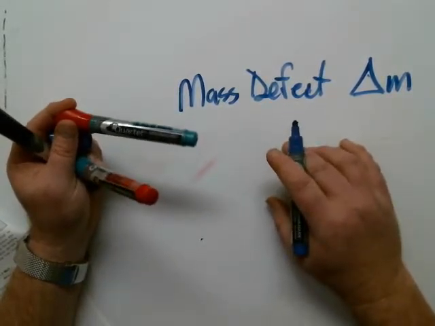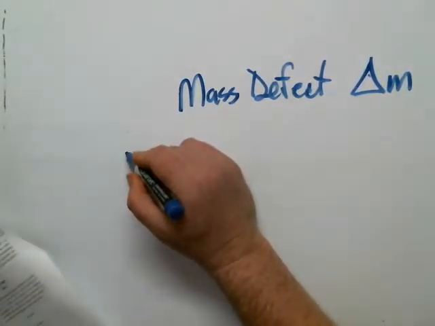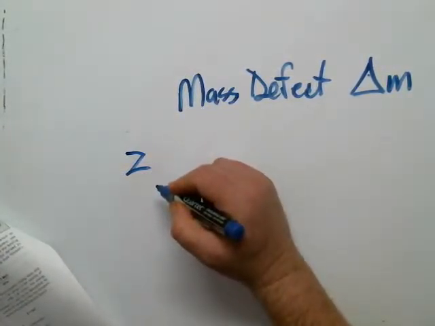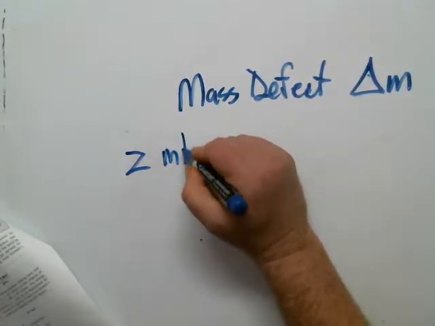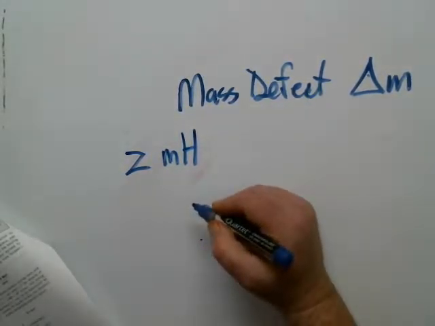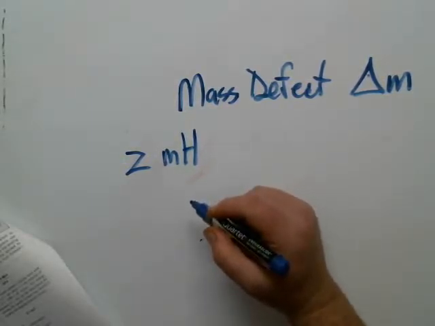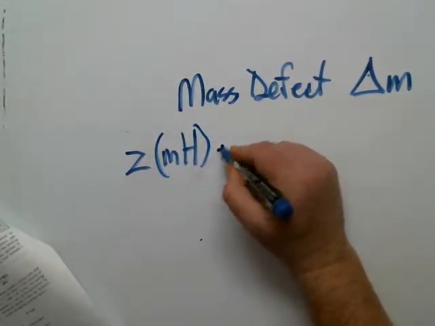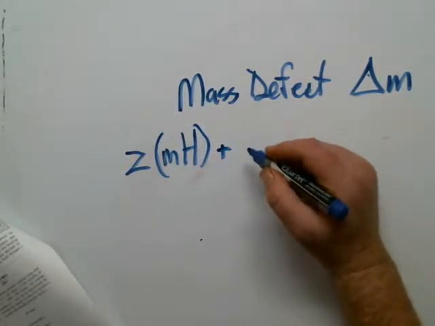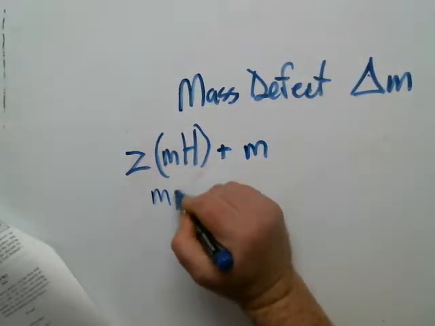If I wanted to determine the mass defect, I take the Z number, the number of protons, and multiply it times the mass of a hydrogen atom. Why do we do that? Well, a hydrogen is 1 proton, so this represents essentially the mass of the protons.